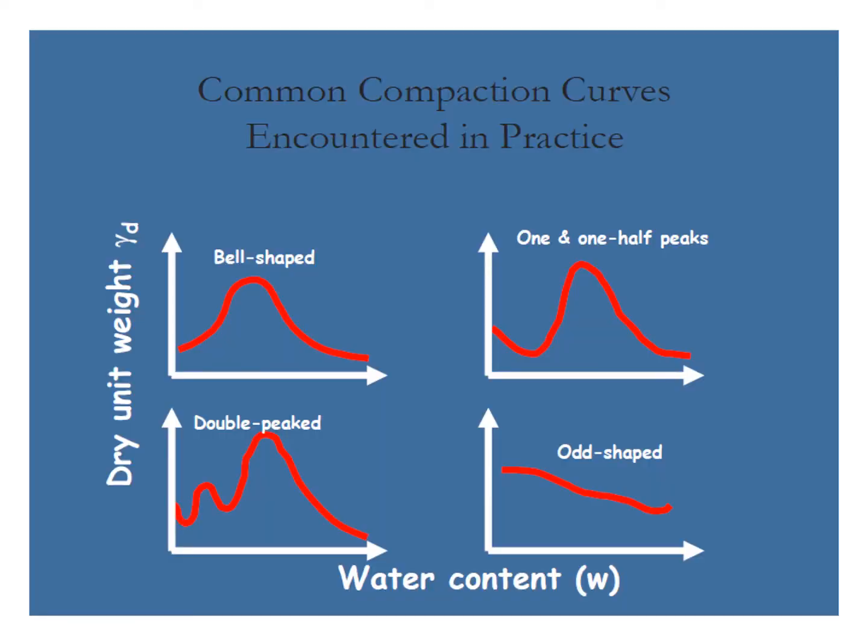Okay, now here you can see the common compaction curves encountered in practice. If the shape is like that, it is bell shaped. If you have a shape like this, it is called a 1.5 peak. And here you can see the double peak curve. And sometimes we have an odd shaped compaction curve.